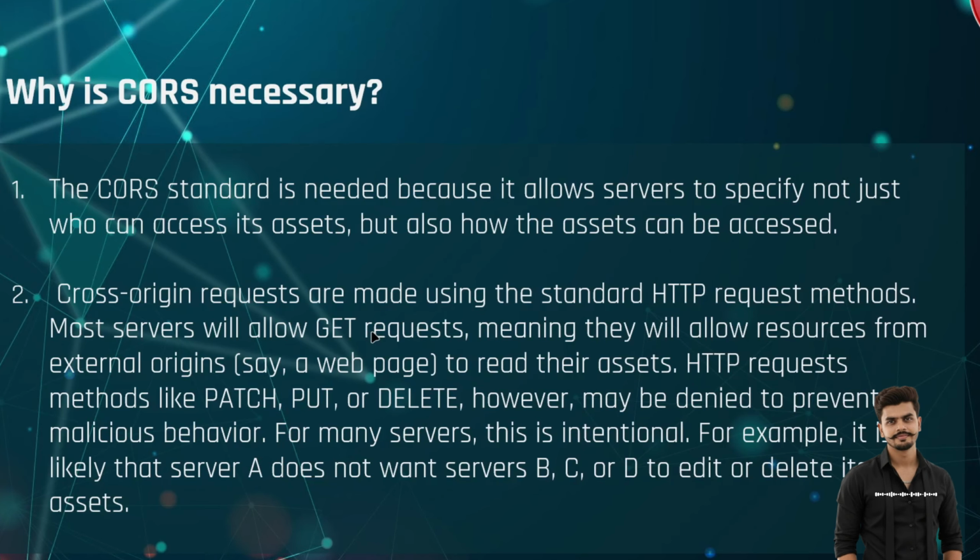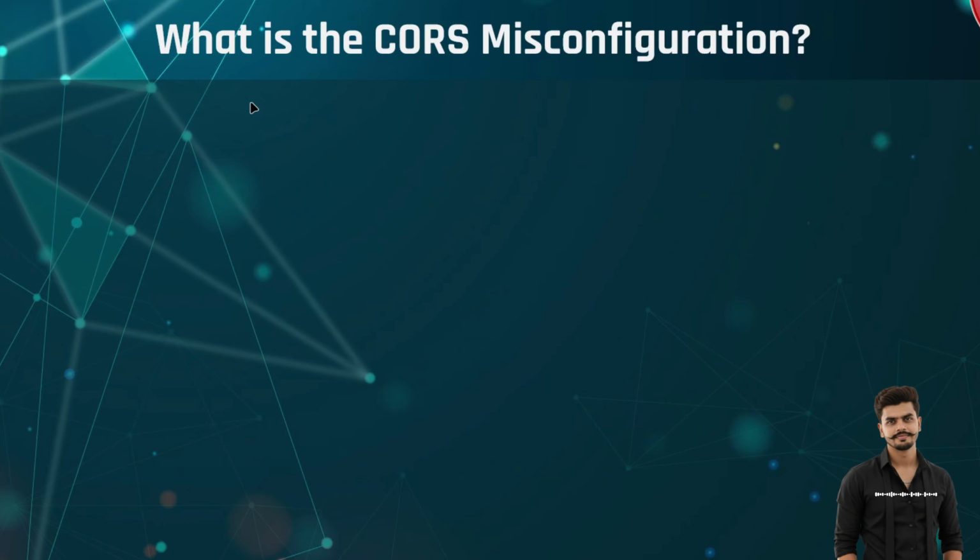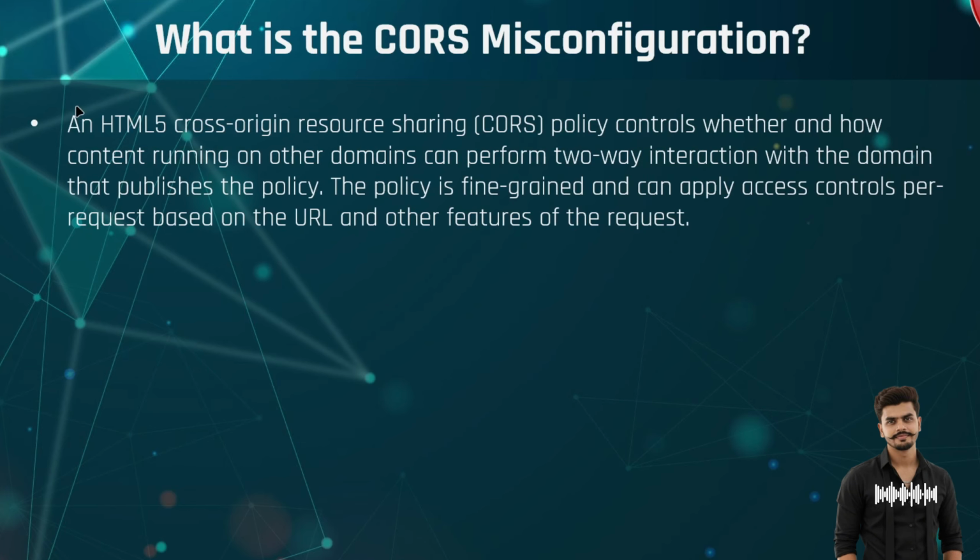So using this, it can get some resources from a different domain. As I said, it was normally introduced as a functionality. Later, some people found a way to exploit misconfigured CORS. An HTML5 cross-origin resource sharing policy controls whether and how content running on another domain can perform two-way interaction with the domain that publishes the policy.